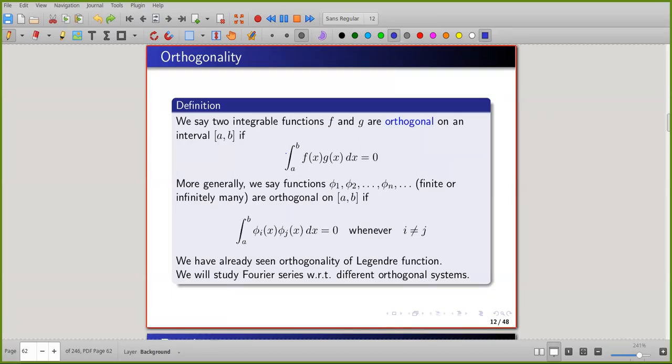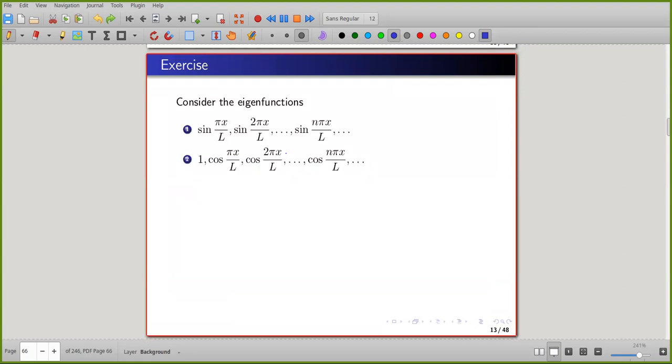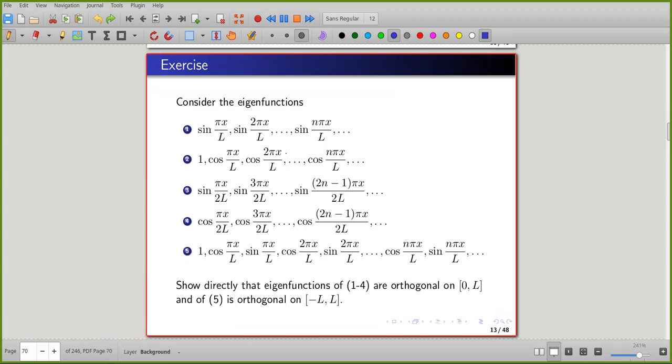Okay, exercise. Let's just look at all these functions. These are the eigenfunctions in problem 1.